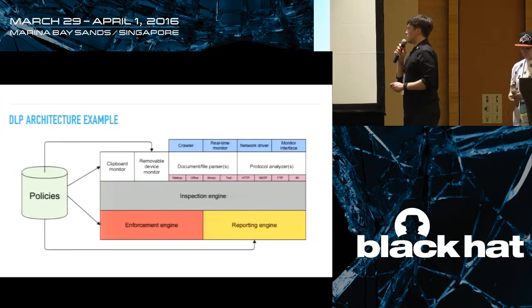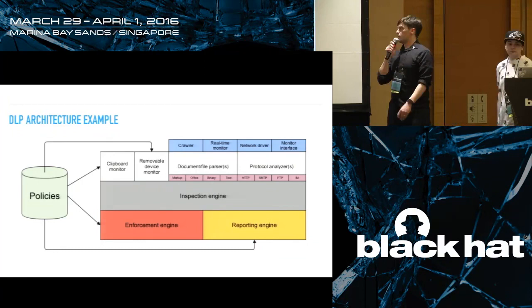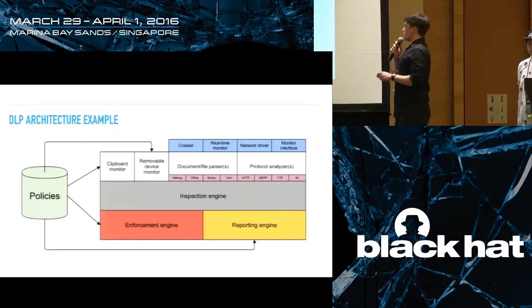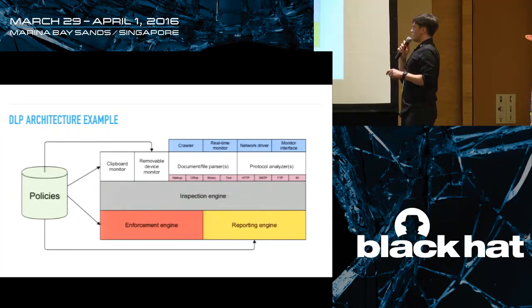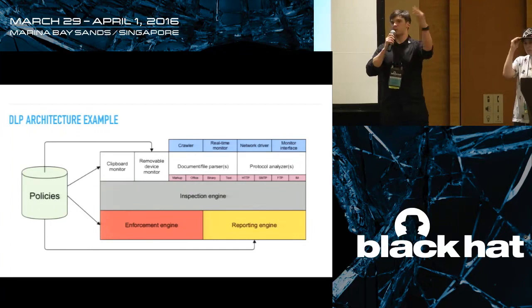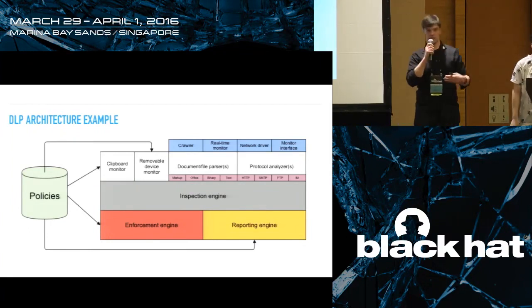They might have local to the endpoint some sort of SMTP or mail monitoring. Some of them will parse Skype messages, things like that. And whatever the result of that process is, typically goes down into some sort of abstract inspection engine, something that actually applies all the rules based on some policy that the administrator set.